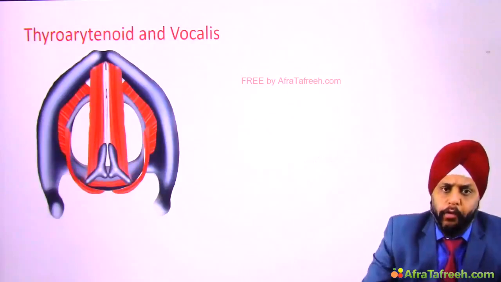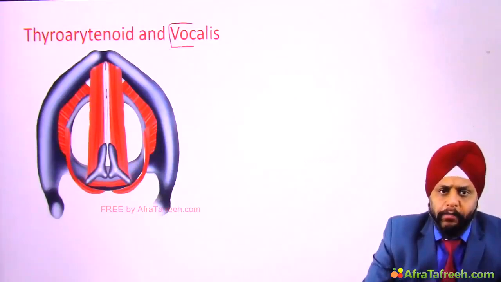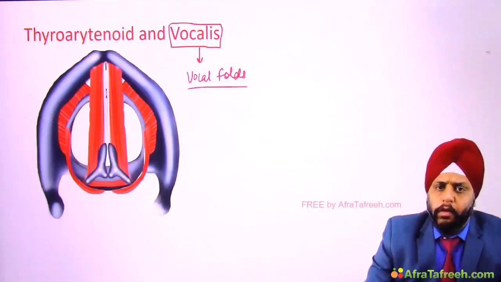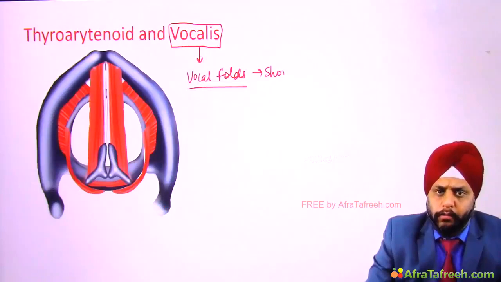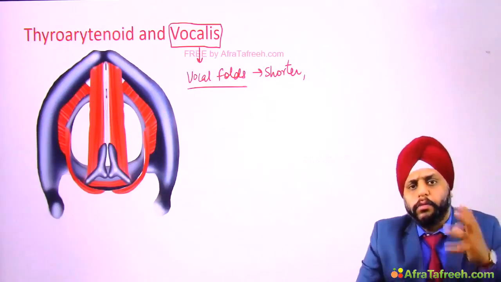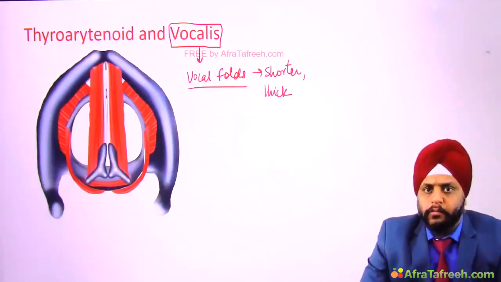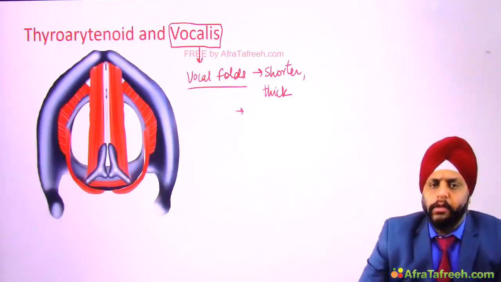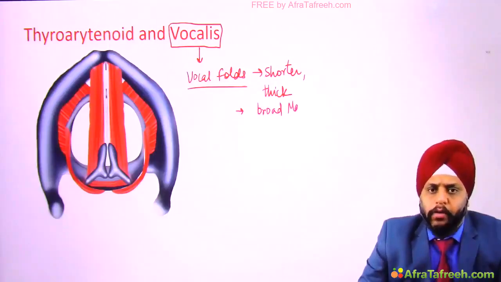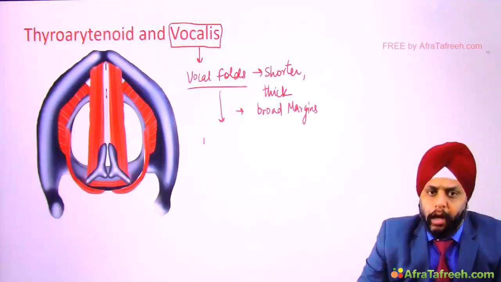The vocal folds, you see the action of the vocalis muscle, they are made shorter. And if you have noticed, they are made more thick. If you notice their margins, they will become broad, and they relax.